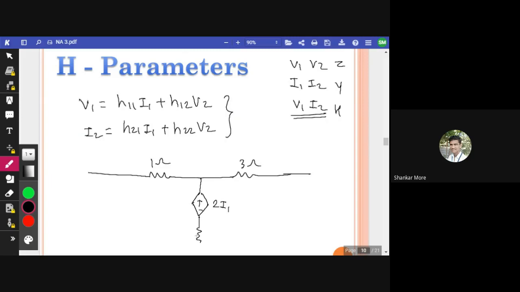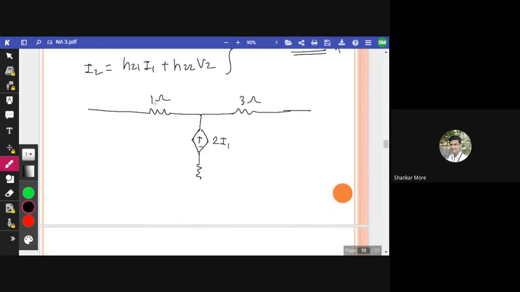Again, I have a resistance here also, and this is the ground. The value of this resistance is 2 ohm. This is I1, this is I2, with V2 and V1 across the ports. So this is the circuit.